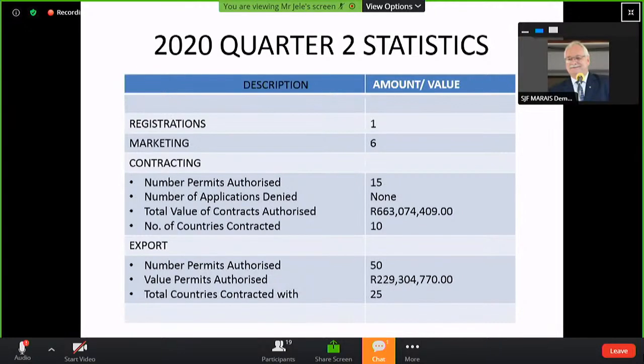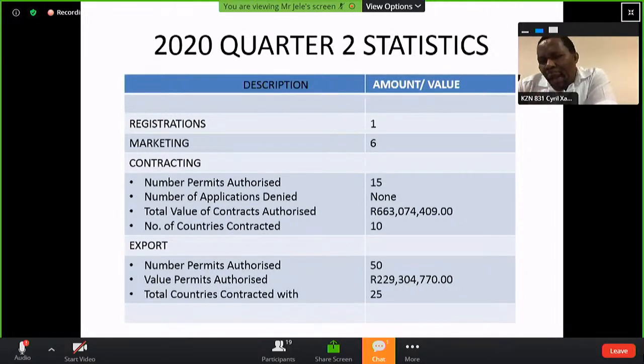But I think, Chairperson, what I wanted to ask and suggest is that at a stage, it will be good to see the actuals versus those approved, to see what the industry is actually doing and achieving versus the approval of permits and contracts.